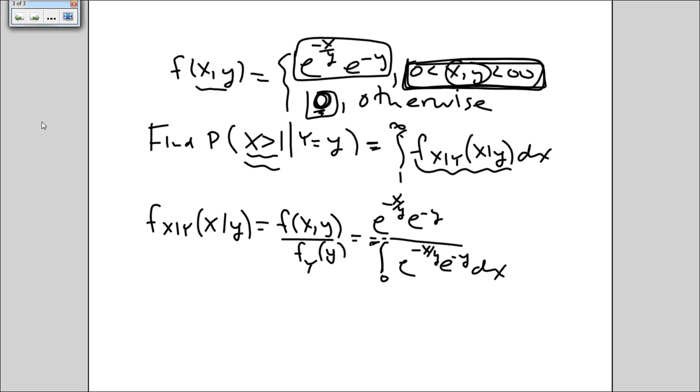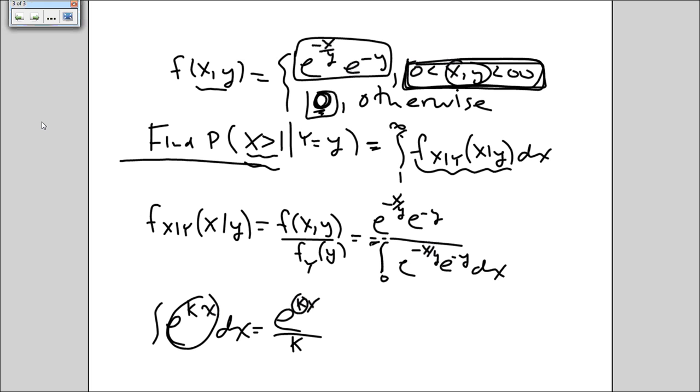Now, I want to remind you that if you have the integral of e to any constant times x dx, this integral is just what you started with, and then you divide by the constant. The integral of e to the kx dx is what you're integrating divided by the constant.